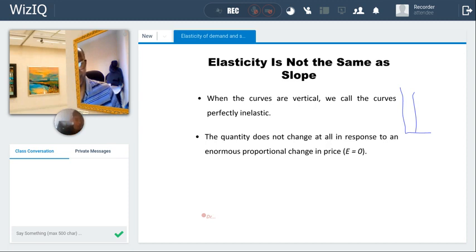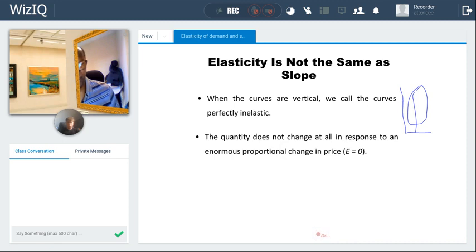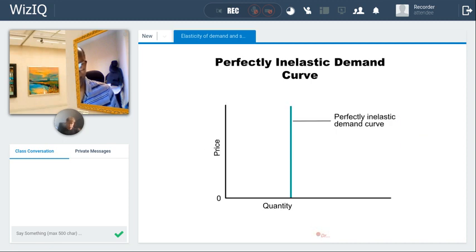So this is talking about this line here, while the previous one is talking about that line. Now be careful with this because they come up in multiple choice questions, and then you get them wrong. So this is inelastic.